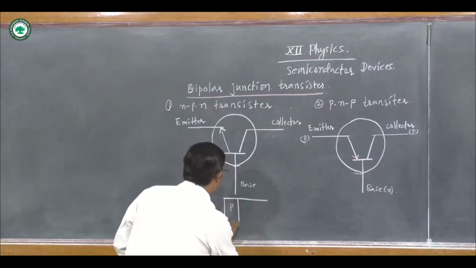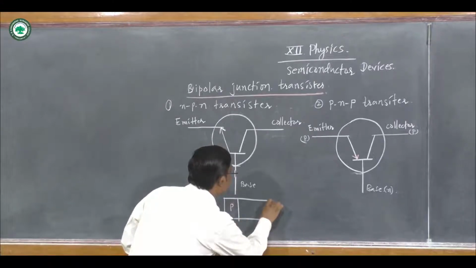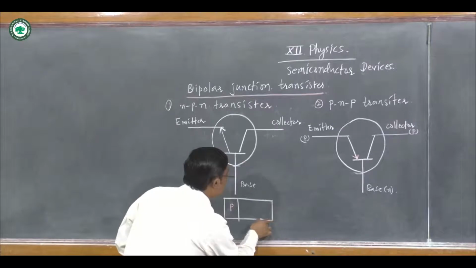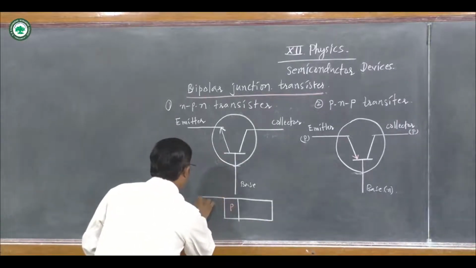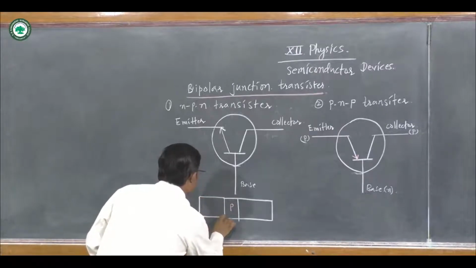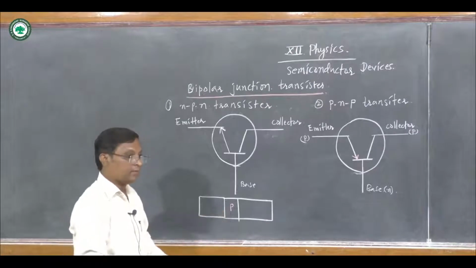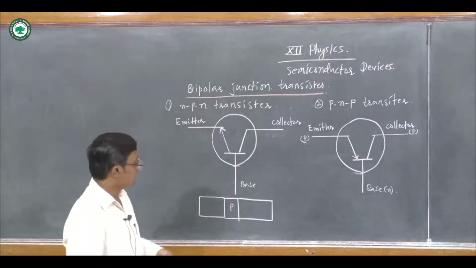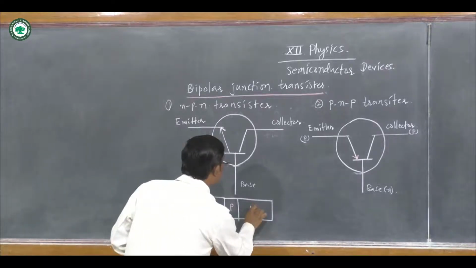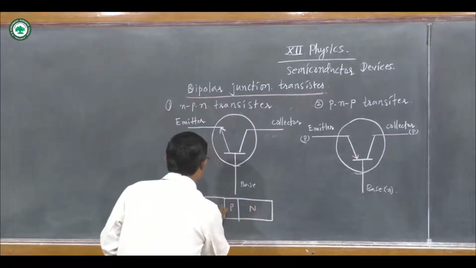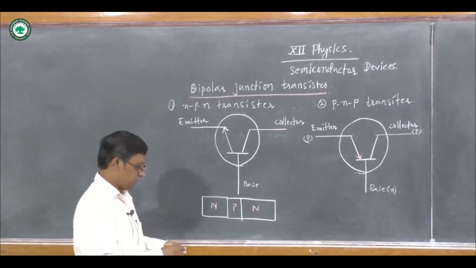This base, made up of the P type material, is diffused in between the two N type semiconductors, N, P, N. Here you will see the two diodes.